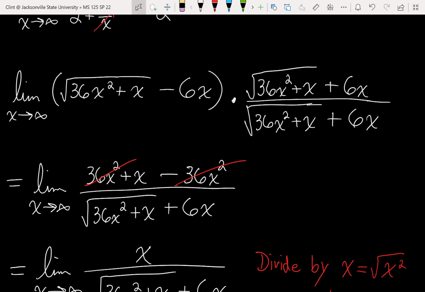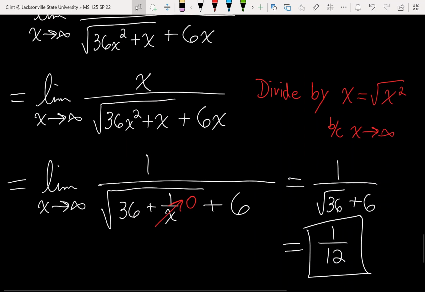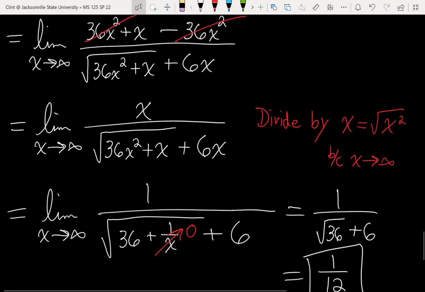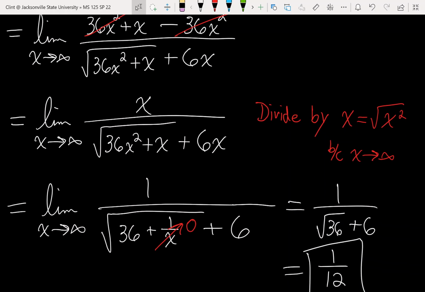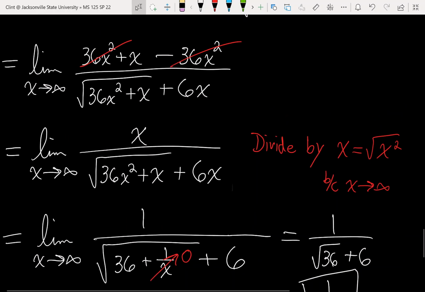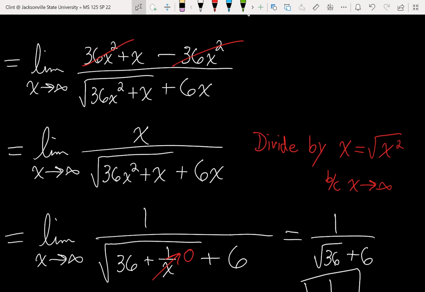If it's approaching negative infinity, then let's see. When we divide, that's the only part we have to be careful on. Negative infinity would be okay here, but then we would have a minus sign there, and a minus sign there, and we would have a minus sign on the top.